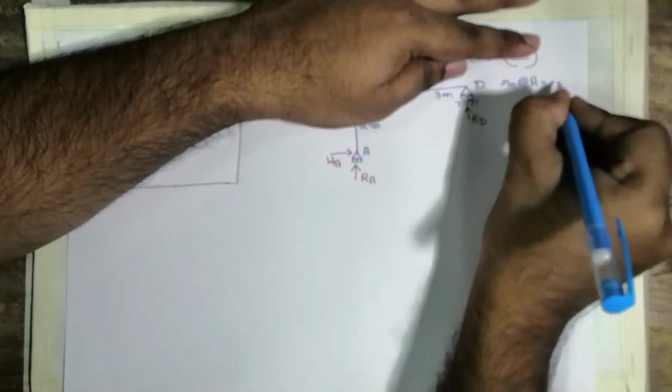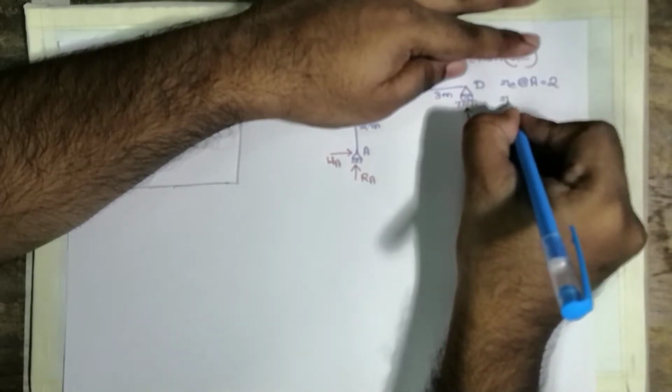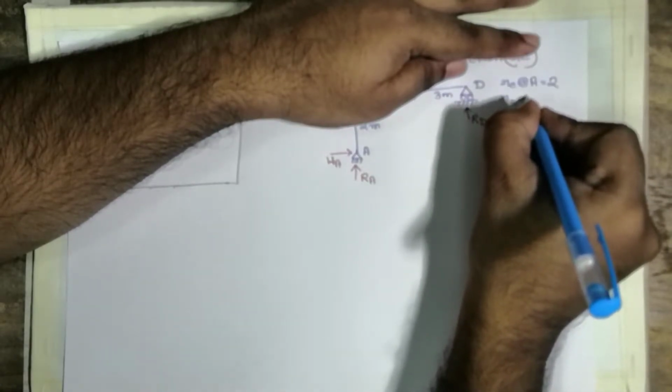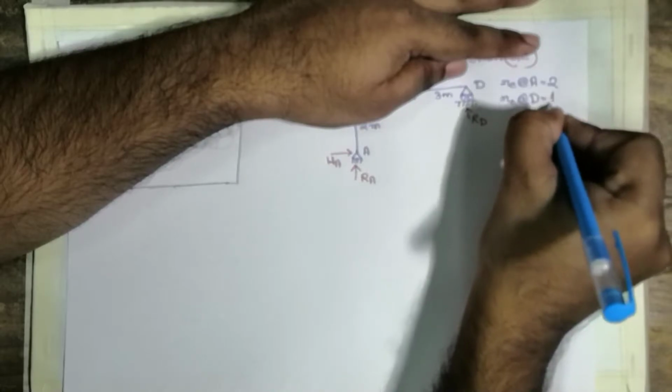So the total external reaction at point A, RE at A is 2, RE at D is 1.